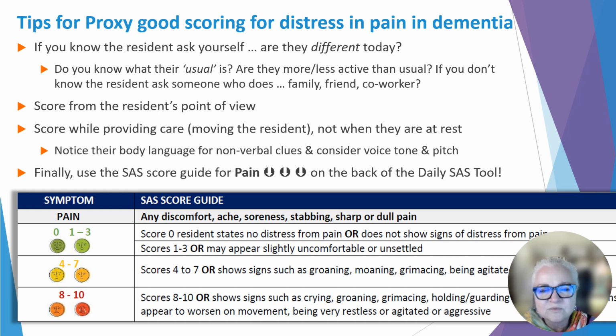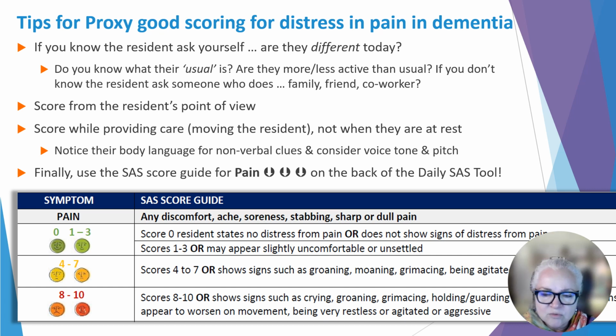So tips to be able to do a good proxy score for someone who's living with dementia and who may have distress from pain include asking yourself, is this resident different today? If you know what their usual self is, the questions you'll be looking at are, are they more or less active than usual? If you don't know the resident, then perhaps ask someone who does, a family member, a friend of theirs, or a co-worker.